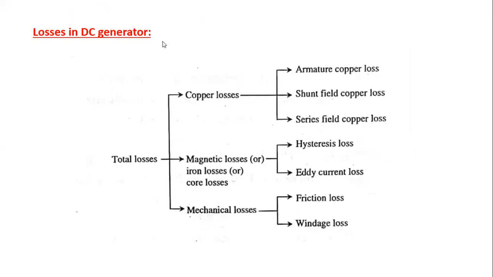Copper losses mean I square R losses. This type of loss is also called I square R losses.